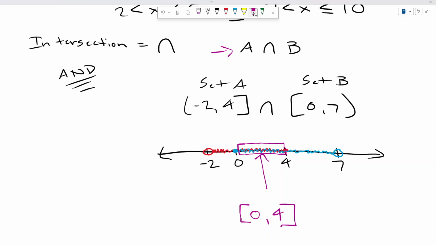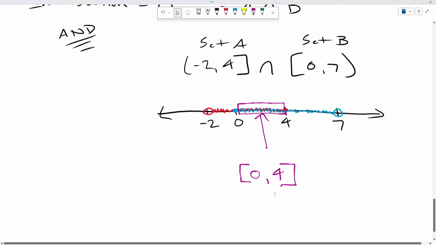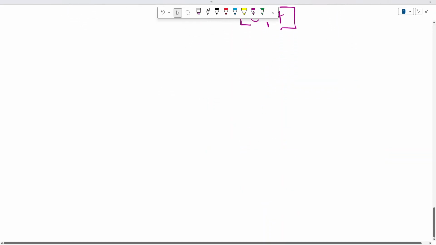Now let's look at solving some linear inequalities first. All right, now that we have a baseline for what an inequality is and closed versus open circle, brackets and parentheses, union, intersection, now that we have a good baseline, let's look at solving a linear inequality.